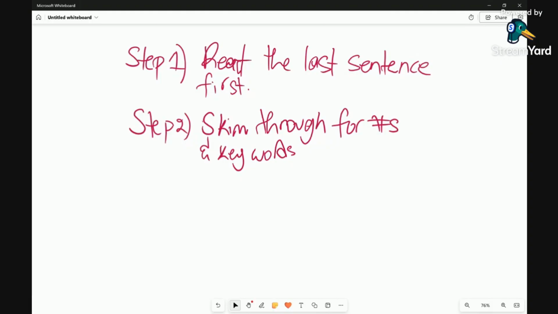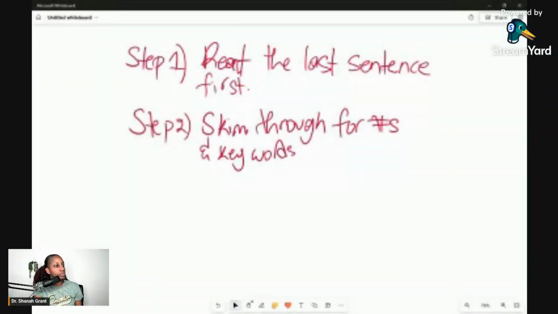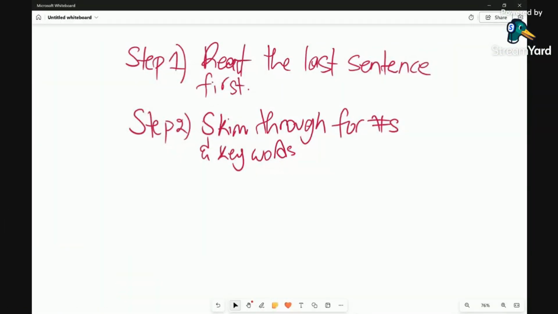Because when you're doing your word question, typically there are going to be keywords telling you what to look for. So you want to skim through to see, well, what are my keywords? Because this is going to give you what operations you're going to be using in the question to solve. It's going to give you your relationships between your different terms or values or different variables, if there are any, well, whatever you might set. So you want to skim through first to see what is of importance for you.